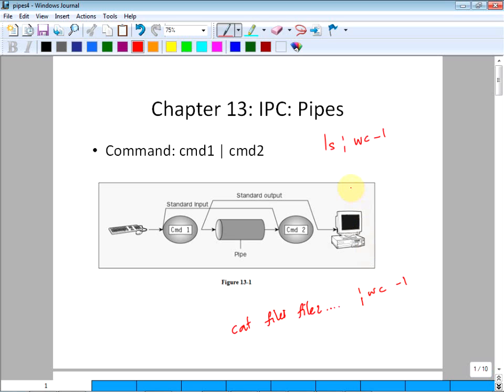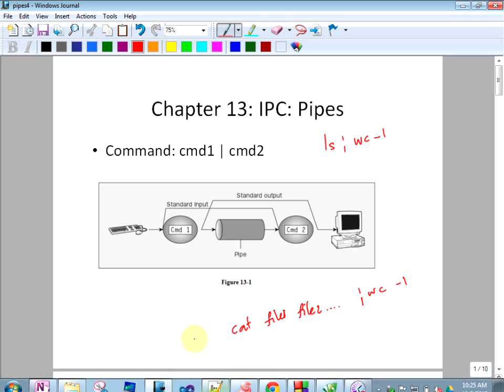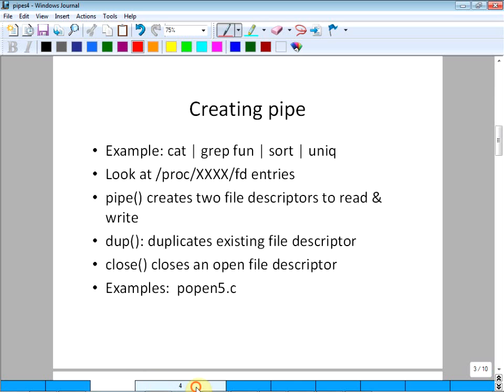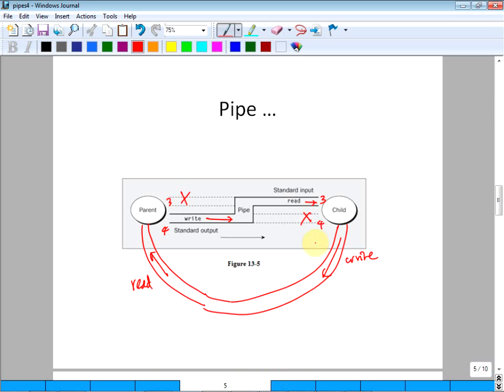So after forking, you can invoke exec to create a new process. If you want to become somebody else, like WC or something like that, they won't understand all these pipes, because WC pretty much works with the standard input, output, and the arguments.